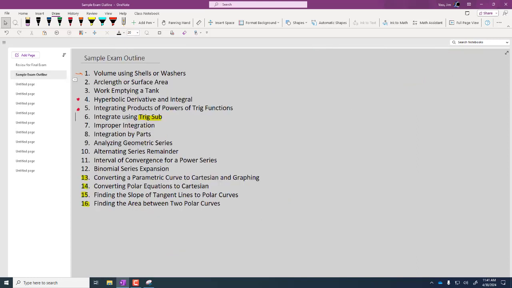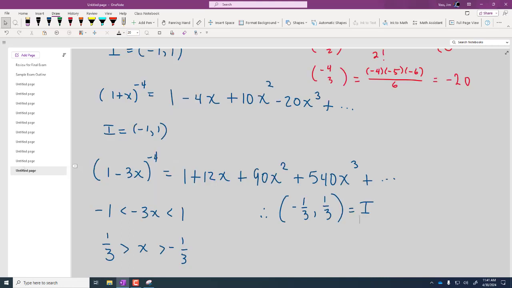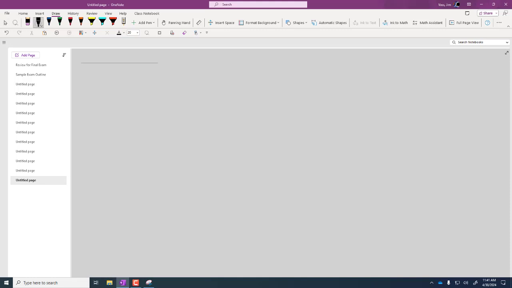Okay, so let's see. Binomial. Let's do one more interval of convergence type thing. Let's suppose we have a series that looks like, let's think for a second here.